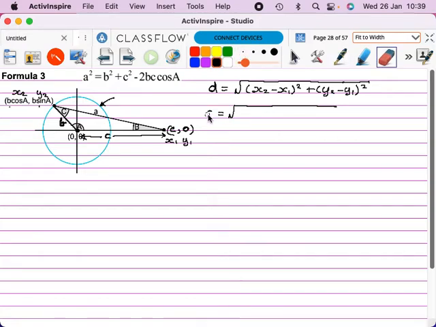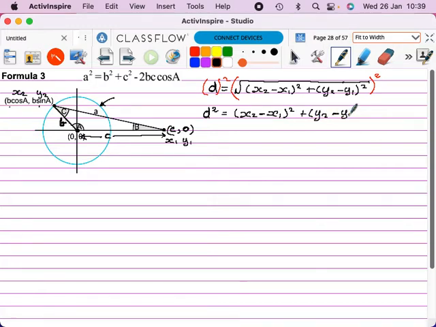Just to make our lives a little bit easier, I'm actually going to change this formula, and I'm going to square both sides straight away, so I don't have to keep writing out the square root symbol. So now d squared is equal to (x2 minus x1) all squared, plus (y2 minus y1) all squared.